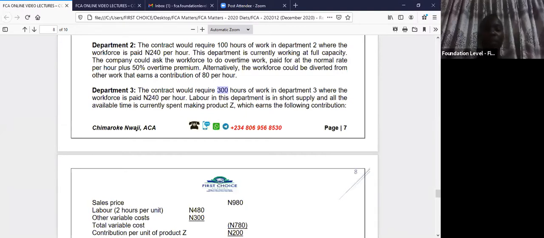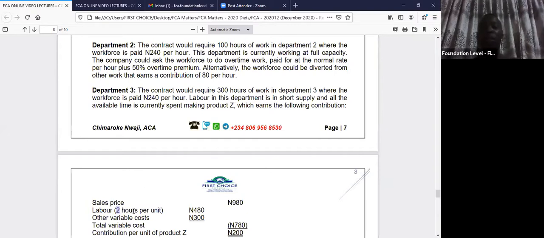That's one. Another way of looking at it is this. We require 300 hours, right? Fine. And we are taking 2 hours each. If we spend 2 hours each, it means we are going to use the whole 300 hours, 150 units.